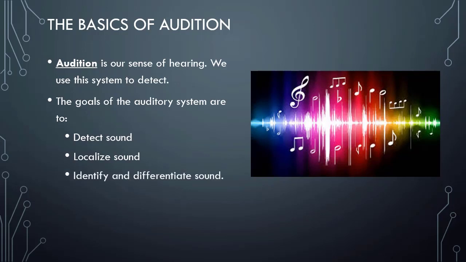And then the last thing is we need to be able to identify and differentiate sounds. It's fairly important for you to be able to use your auditory system to identify certain things, because being able to identify things that are dangerous by their sound gives us an extra advantage for things that are coming from behind us, or things like that that allow us to protect ourselves.